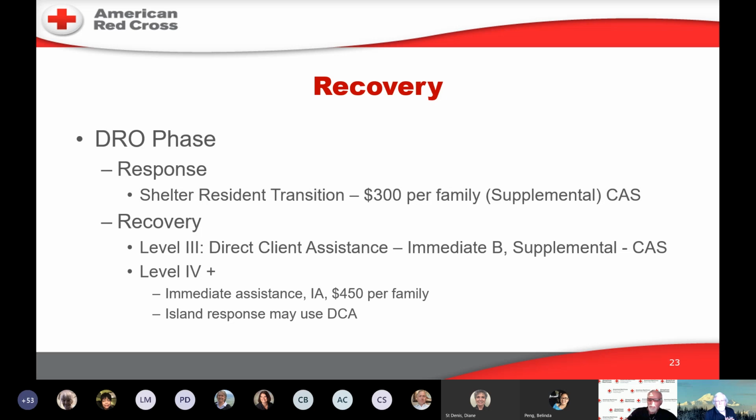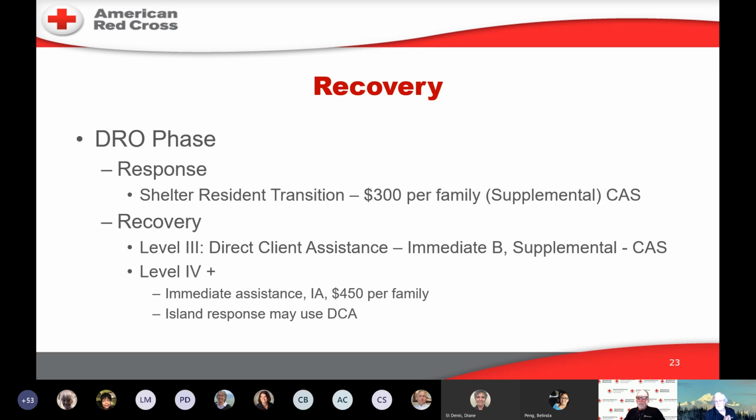In recovery, we are basically looking at two phases of it now. In our response phase, we are looking at shelter resident transition. This will probably be a summer with some confusion as to where we are tracking our recovery. In CAS, we will be working with shelter resident transition.